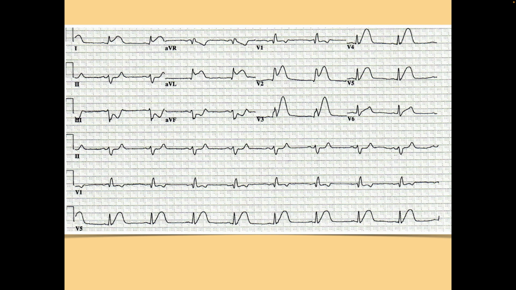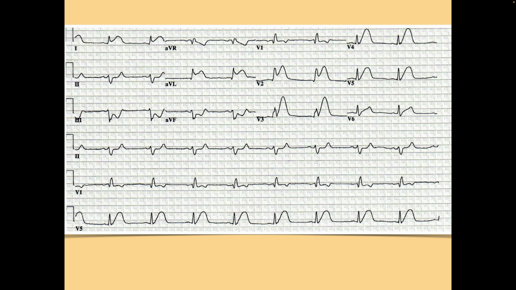aVL, ST elevation. aVF, depression. V1, I'm going to help you with that one and say not much of anything. Nothing going on there. ST elevation in V2. Can you have ST elevation and a hyperacute T wave or no? Yes. Right now, just elevation and depression.